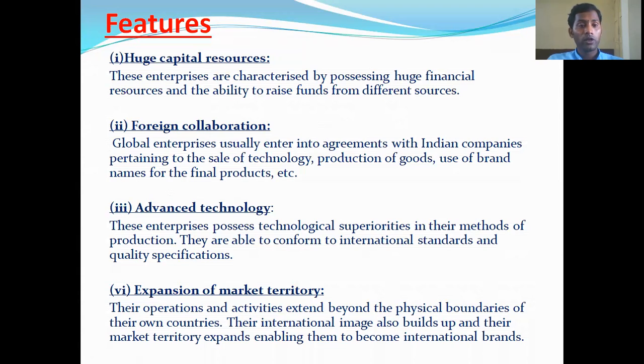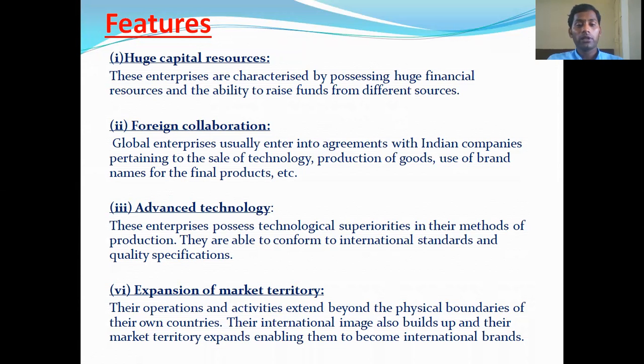Whenever we see the global enterprises, they possess technological superiority compared to some other companies. Global companies have technical superiority. They have sophisticated technology, and they use the technology in the method of production.